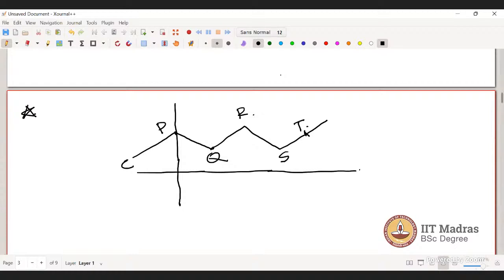Similarly, at this point you don't have a tangent at Q. Similarly at R also. And similarly, you don't have any tangent at point S.